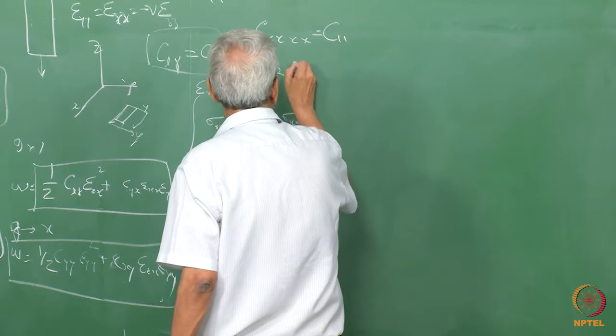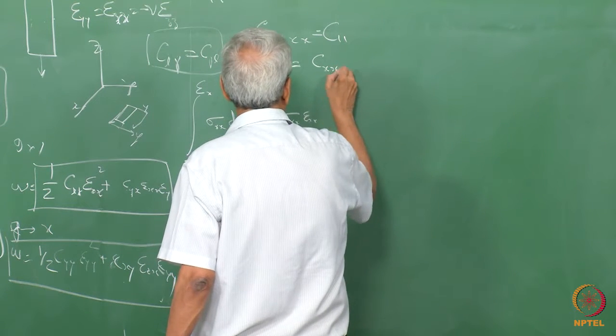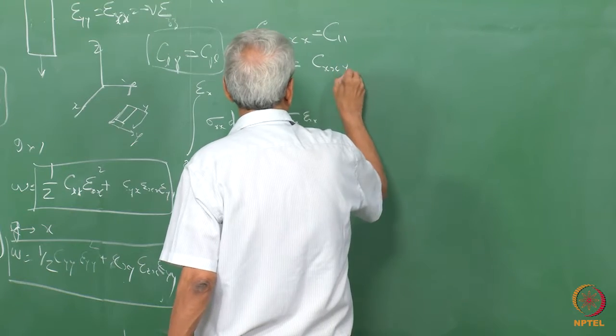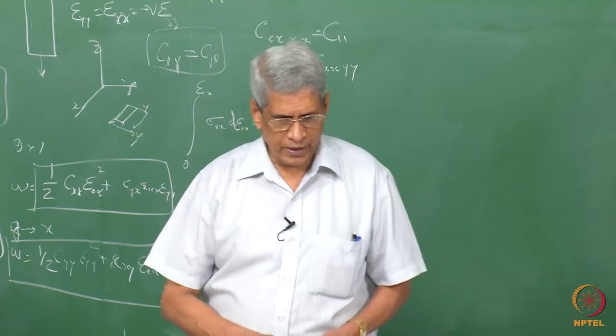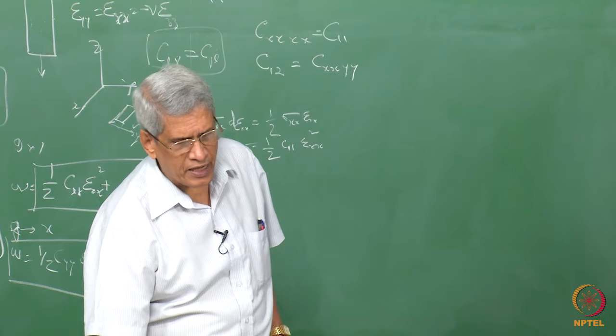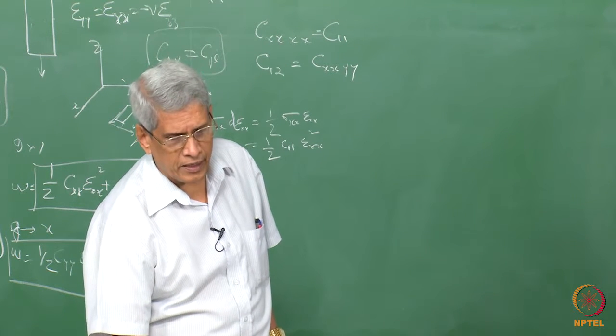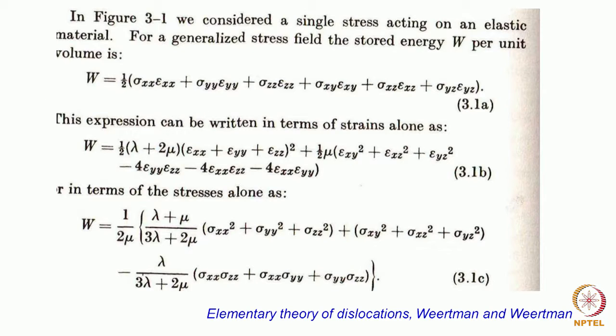Suppose we use C12, this will be Cxx yy. This is how it goes. These definitions are already given in this table, in this slide. One can go through this and get oneself familiarized with it. Is it clear?